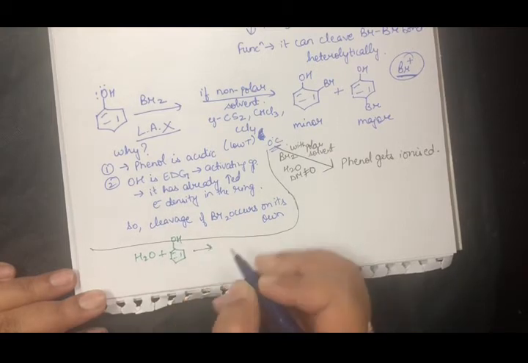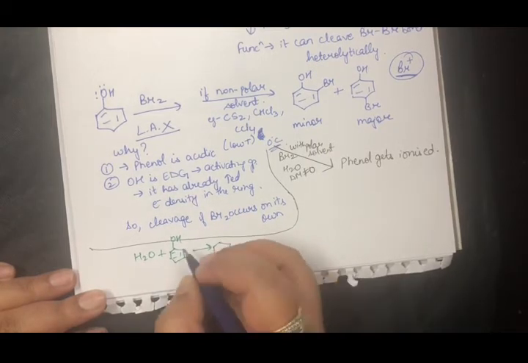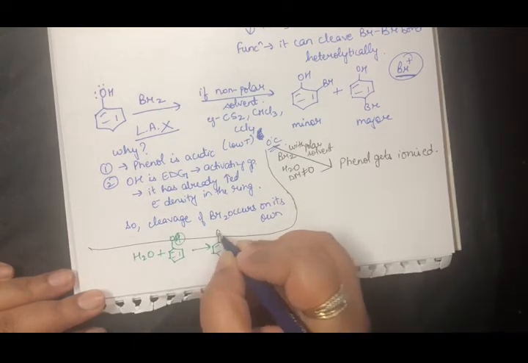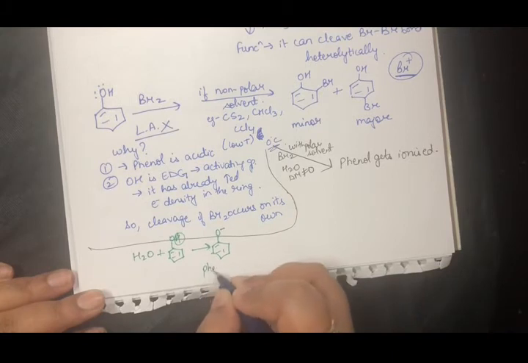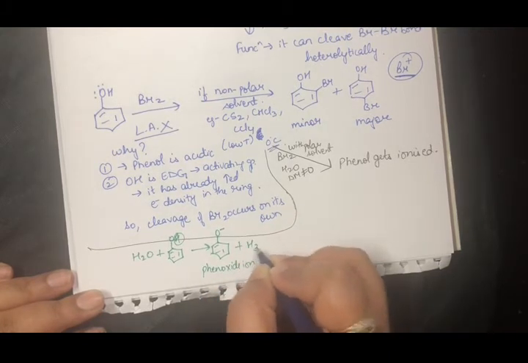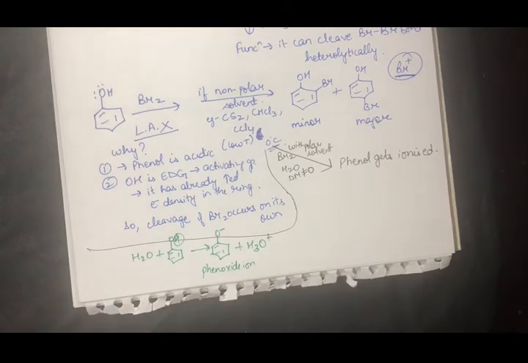Now what has happened is that this H, you remember phenol is acidic, so this will form a phenoxide ion and this will react like this. So phenol gets ionized and phenoxide ion is formed.